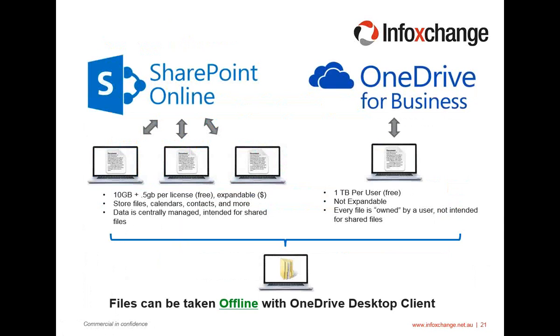But you can also expand that. You can pay for more storage through your portal if you want. And then the data for that is centrally managed, and by default, those libraries are set up to be shared and generally accessible across everyone. You can lock down SharePoint libraries so that only certain people can get into certain things, but by definition, it's not like a personal library, it's an organizational library.